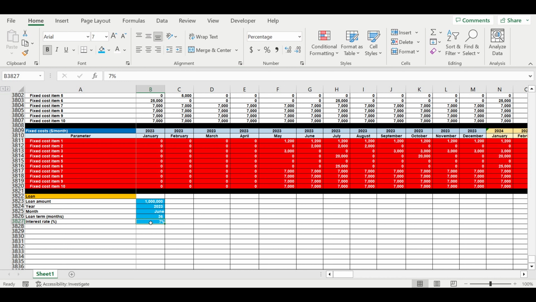Then the next input will be the grace period for interest in months, if there is any, for example a 6 months grace period.